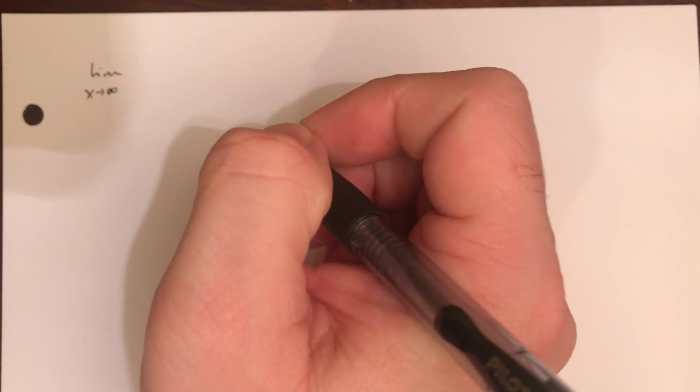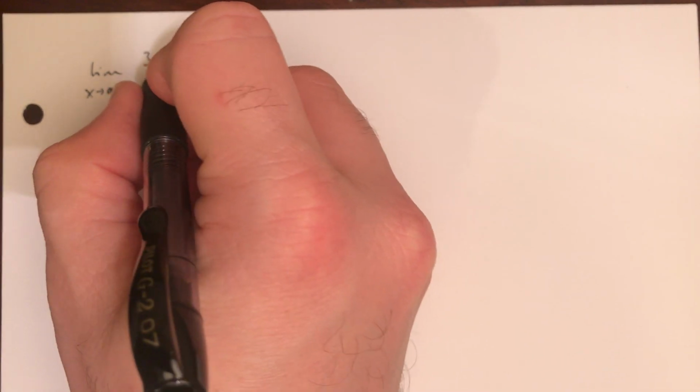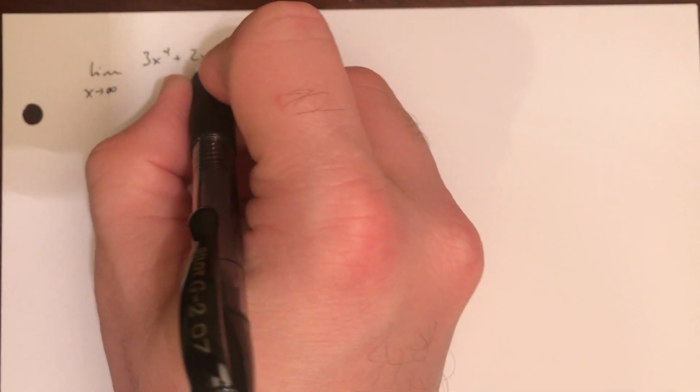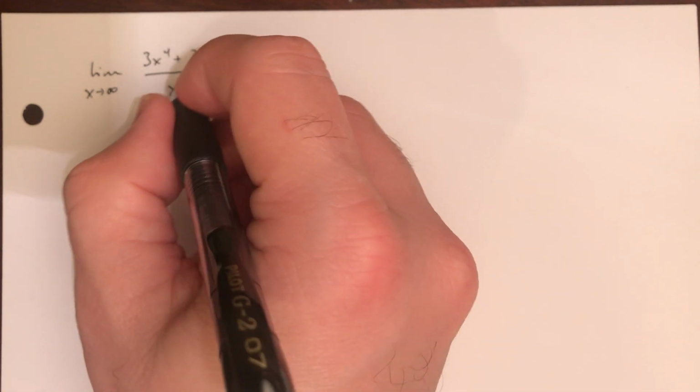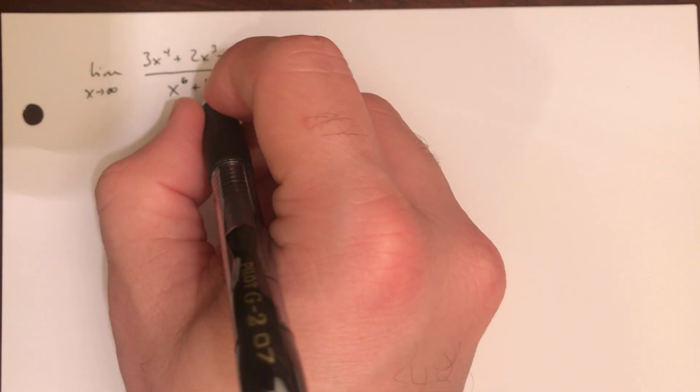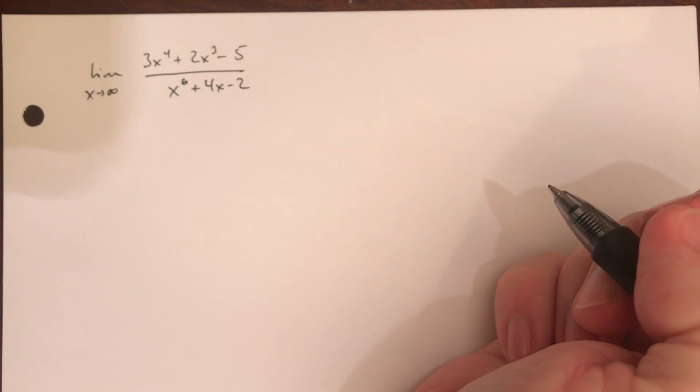So let's try another one. Let's take the limit as x goes to infinity of 3x to the 4th plus 2x cubed minus 5 over x to the 6th plus 4x minus 2.